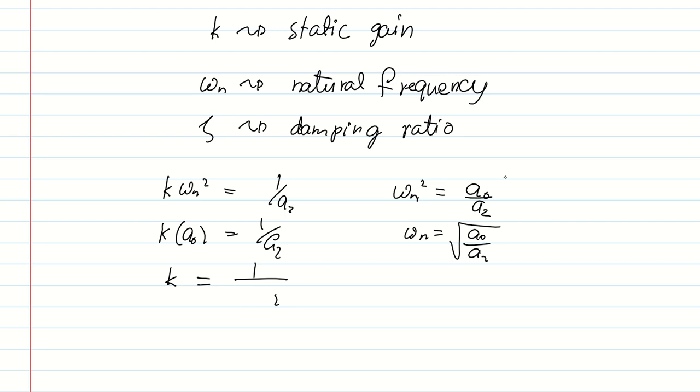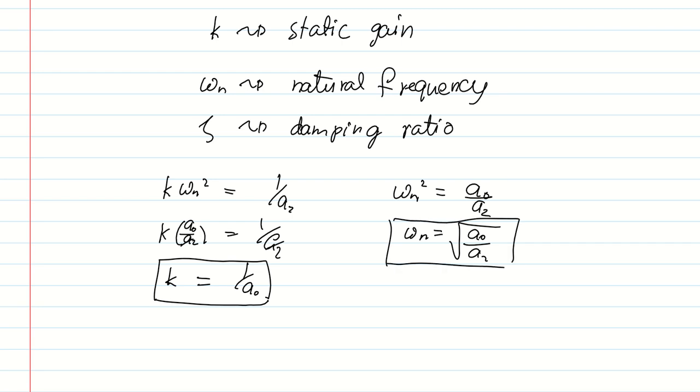And the earlier one should be wrong, because our omega n squared will be a0 all over a2. Then if we solve this, a2 will cancel out, and we have 1 over a0. This will be the formula for the gain, and this will be the formula for the natural frequency.